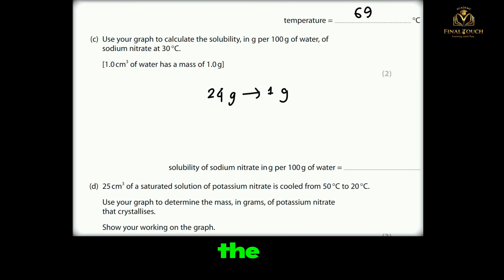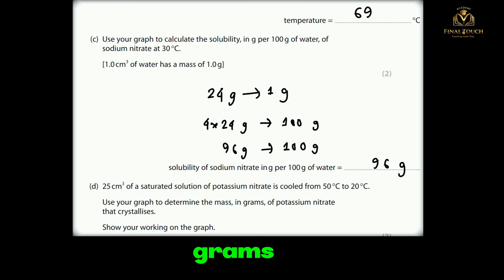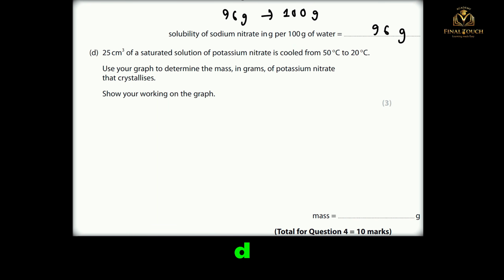So if it was the other way around, if it was 100, it would have been 4 times more. So in that sense, 4 into 24 grams is for 100 grams of water. So 4 into 24, we get 96 grams for 100 grams of water. So the answer should be 96 grams.